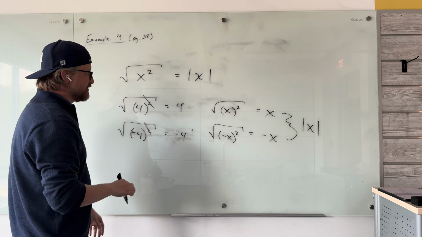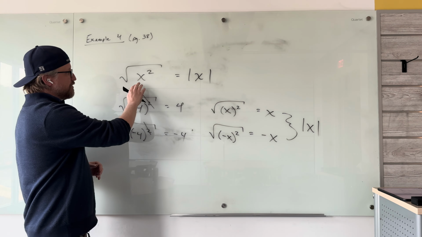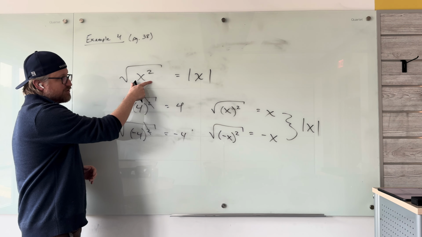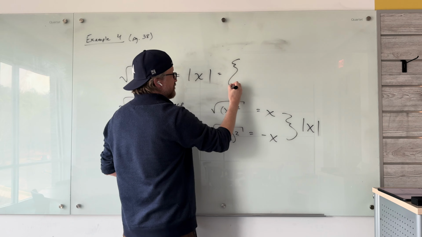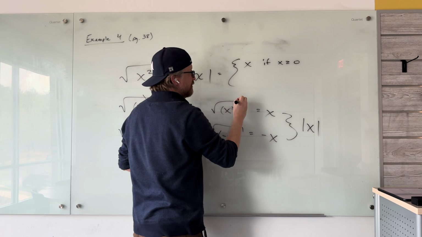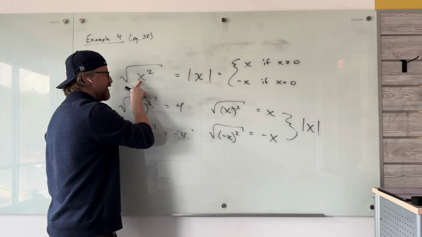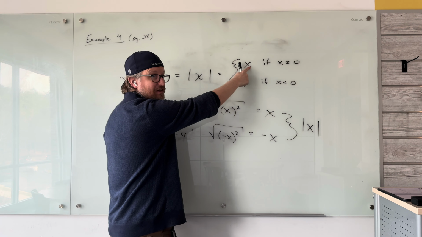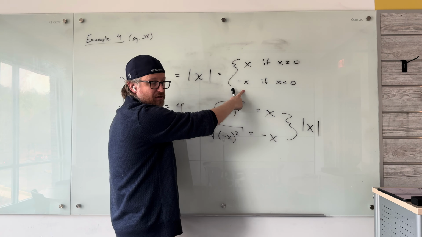So right now, what I want you to remember is that the square root of x squared is equal to the absolute value of x, which is equal to this definition. It's x if x is greater than or equal to 0. It's negative x if x is less than 0. In other words, if this is a positive value, I'm going to get the positive answer. If this is a negative value, I'm going to get the negative answer.